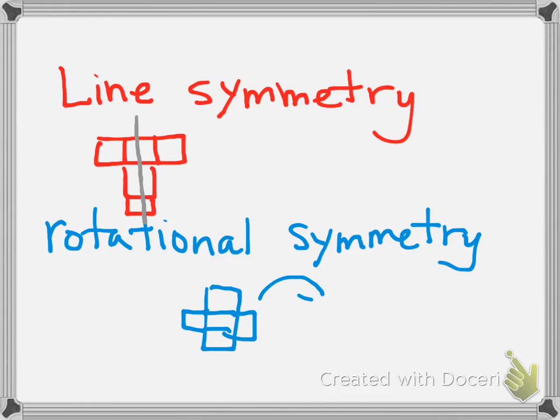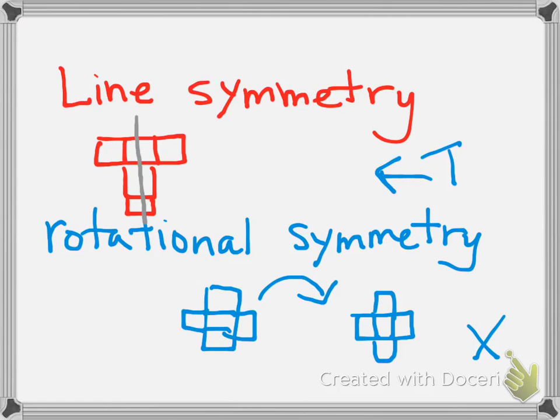That means every time I turn it, it's going to look the same. So for rotational symmetry would be pentomino X, and an example for line symmetry for one of them is pentomino T. Now, these aren't the only ones. This is just one of the examples. So if you could figure out the others, you'll be good to go.